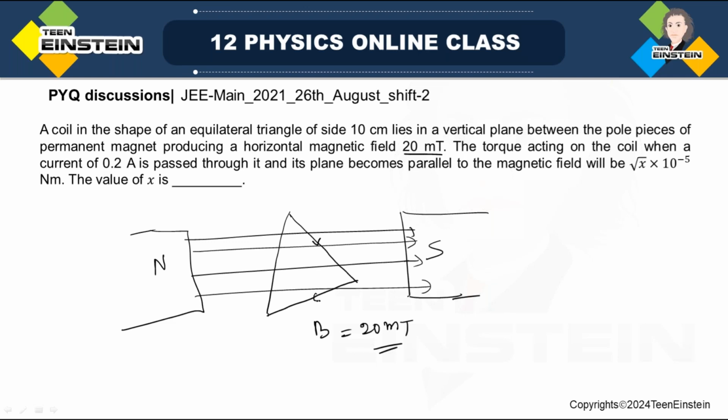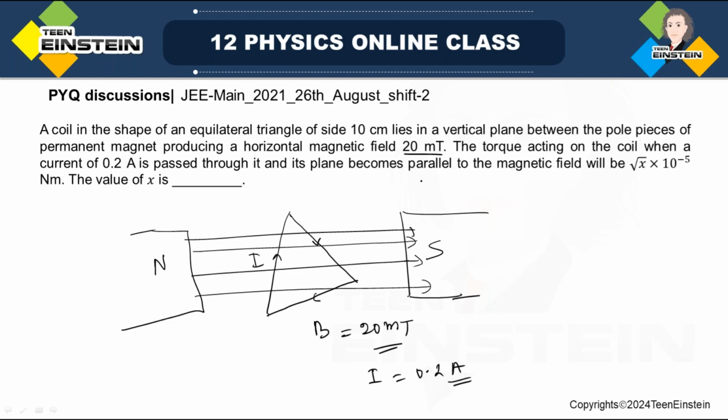So in the coil now, if you pass some current I, so that I is 0.2 ampere through it, and its plane becomes parallel to the magnetic field.